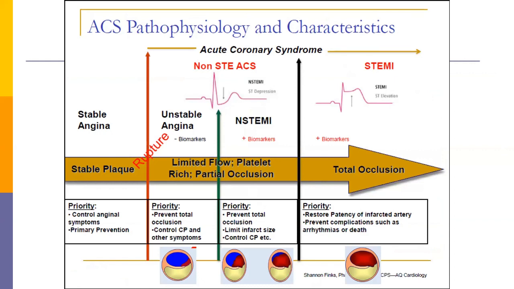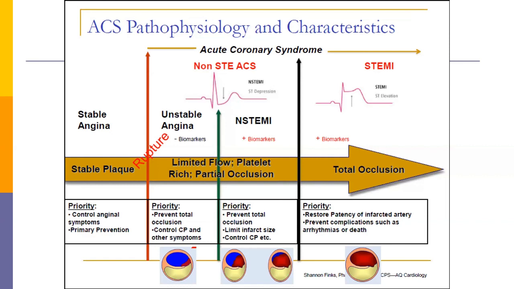Then as we go with the arrow to the right, there's limited flow, platelets with the limited flow, partial occlusion because of the atherosclerotic plaque that we have seen. Then as we go further to the right, there is total occlusion, thus fully blocking blood from flowing in the other direction.